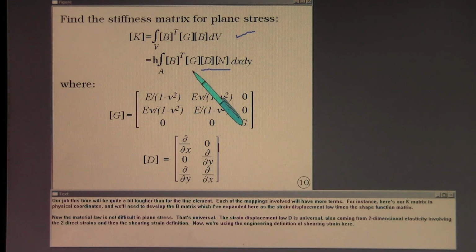Now, the material law is not difficult in plane stress. That's universal. The strain displacement law D is universal, also coming from two-dimensional elasticity, involving the 2 direct strains and then the shearing strain definition. Now we're using the engineering definition of shearing strain here.